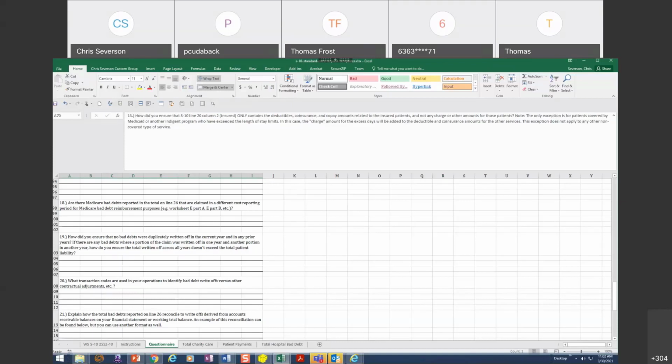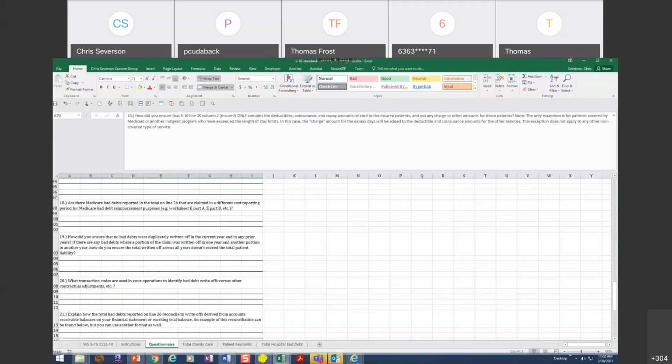Let's see, what is the requirement? Oh, yeah. Also, the Excel spreadsheets for Medicare DISH and Medicare bad debt. So that same link, it's actually on our website, I'll send you a link for that as well. The requirements, the forms themselves are optional even at this point.